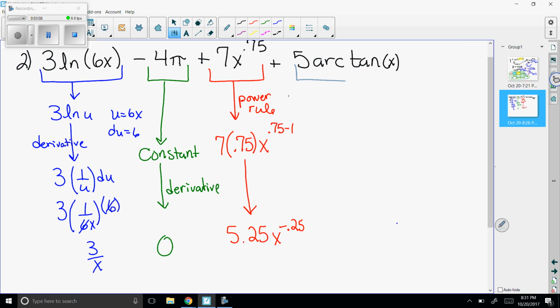Okay, so now if I look at this last term, which is the arctangent, one thing you have to remember here, we need to think of our thought bubble and say, what is the derivative of the arctangent? Let me write it.